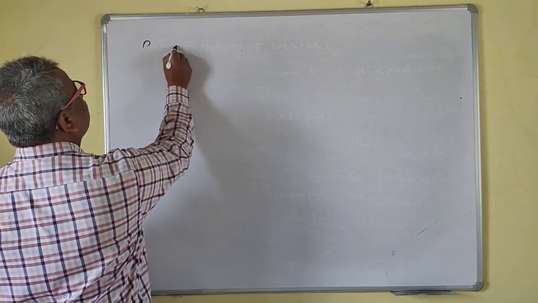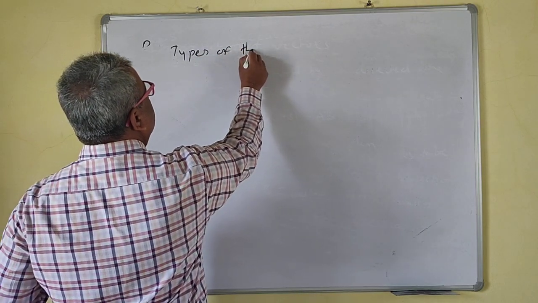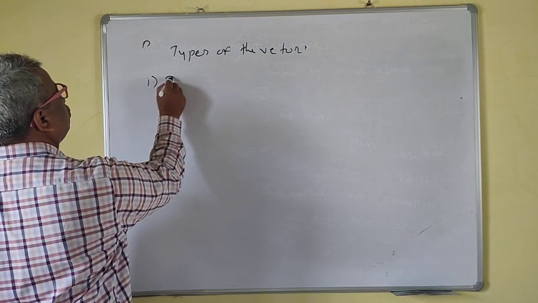Now, types of vectors. The first one is the zero vector.